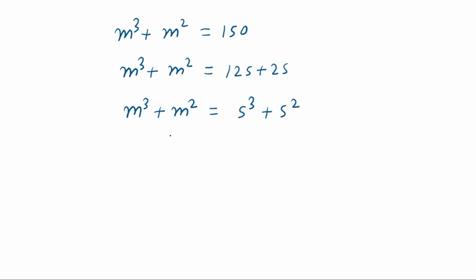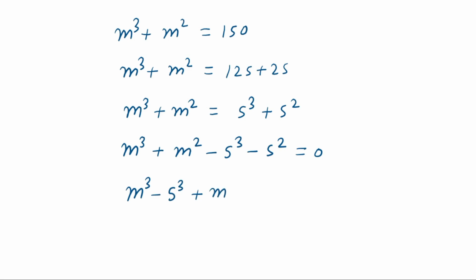Now if we take all the expressions to the same side, m^3 + m^2 - 5^3 - 5^2 = 0. Here m^3 - 5^3 + m^2 - 5^2 = 0.